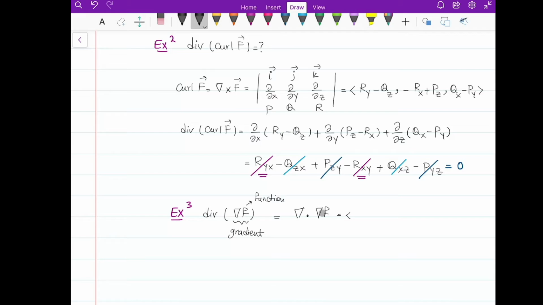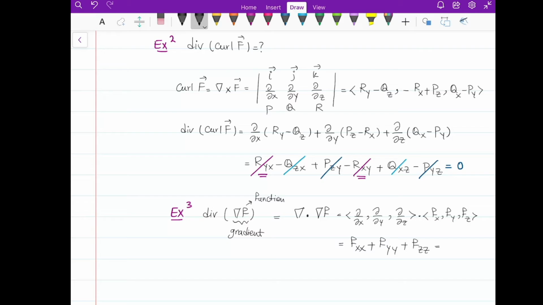It's a dot product of del, with partial derivatives with respect to x, y, and z, with the gradient, which is f_x, f_y, and f_z. You see what I get? It would be the partial derivative of my first coordinate with respect to x, so f_xx, plus the partial derivative of that with respect to y, f_yy, and the partial derivative of this with respect to z, f_zz.